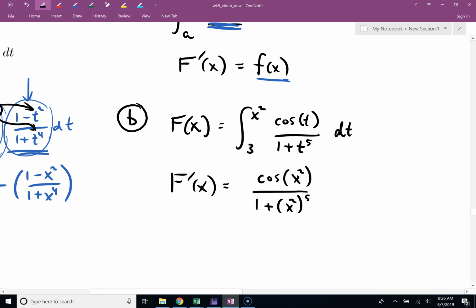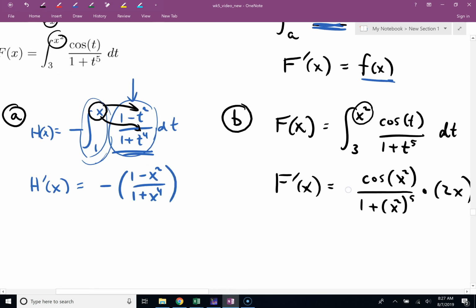And then the other bit that we didn't have to do in the first part, and this comes from the chain rule, is that you have to multiply by the derivative of whatever's up here. So you have to multiply by 2x. Technically we could have done this back here, but the derivative of x is just 1, so you didn't even have to write this bit down. So you multiply by the derivative of the upper limit, the thing with the variables.